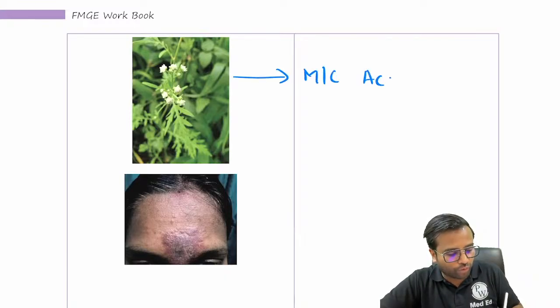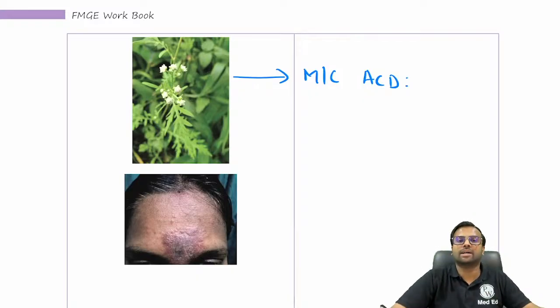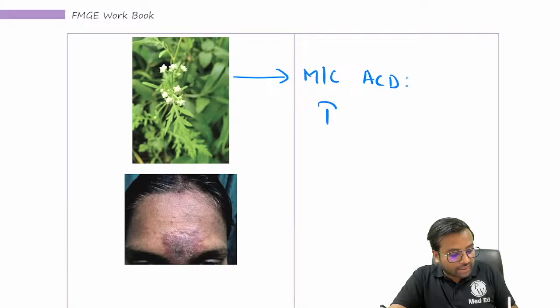Now, in cases of contact dermatitis, do all of you remember the most common cause of allergic contact dermatitis? Allergic contact dermatitis is not commonly caused by cement, artificial jewelry, bindi, all these things. So what is the most common cause? The most common cause of allergic contact dermatitis is Parthenium hysterophorus.